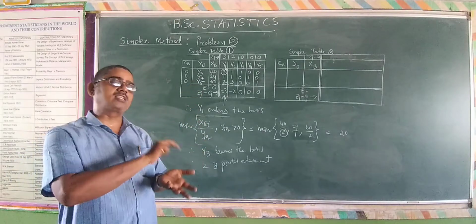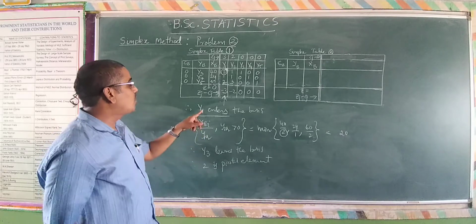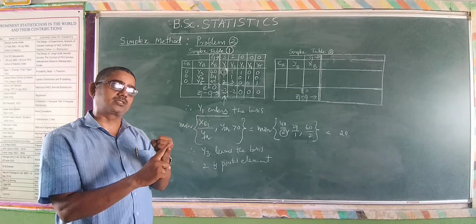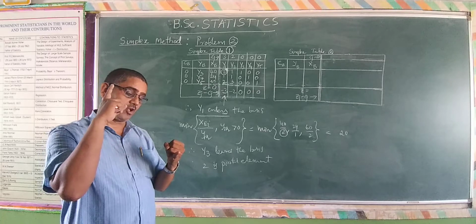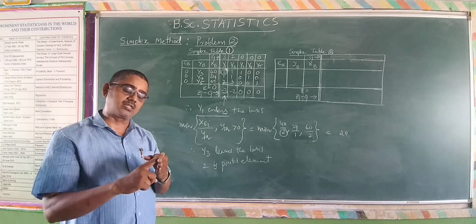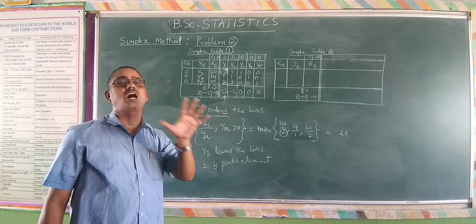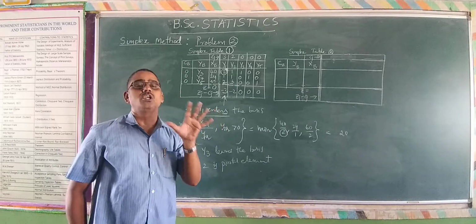So from one simplex table to another, the key points to remember are: which vector enters the basis, you calculate minimum ratios, which vector leaves the basis, what is the pivotal element, and finally the row operations. These are the 5 important points you have to see.